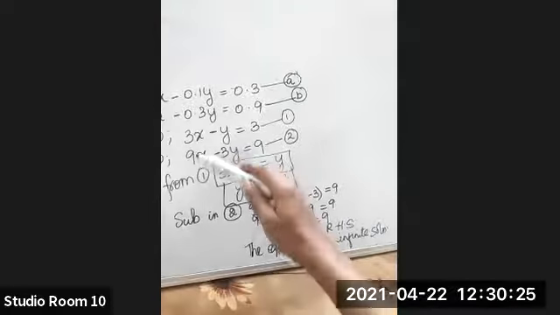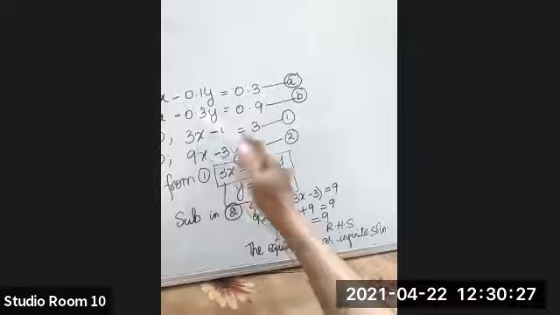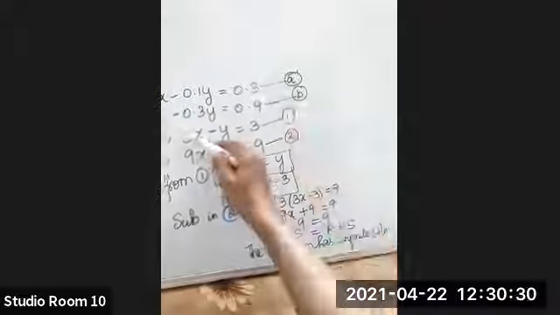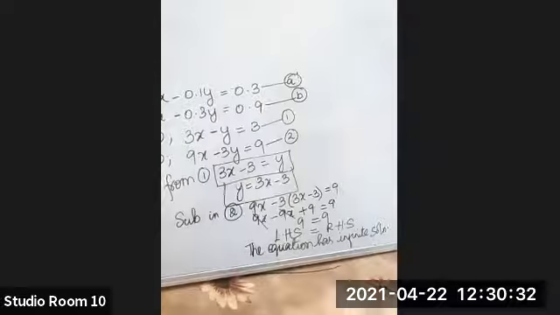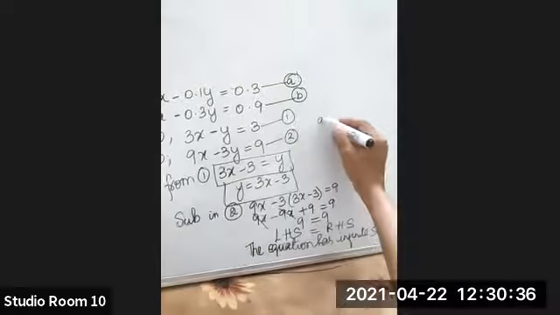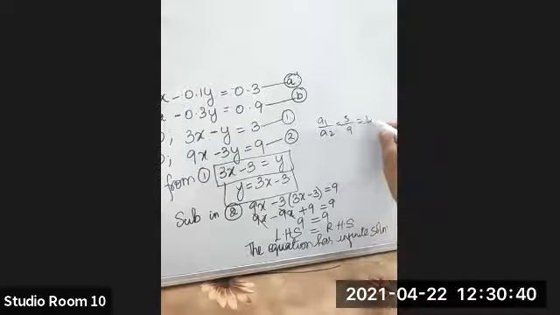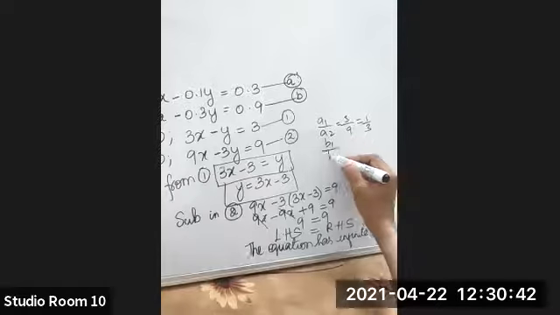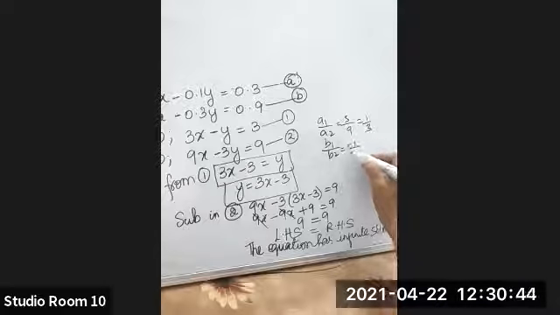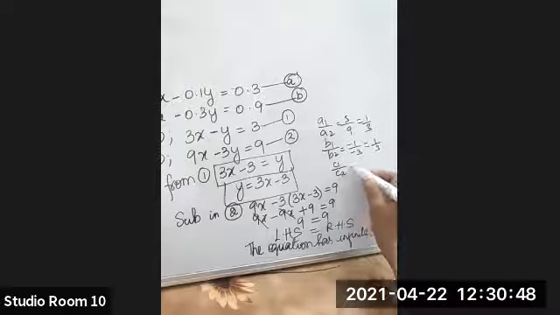If you want, you can check it. Look at the coefficients. What is A1 by A2? 3 by 9, 1 by 3. What is B1 by B2? Minus 1 by minus 3, which is also 1 by 3. What is C1 by C2?